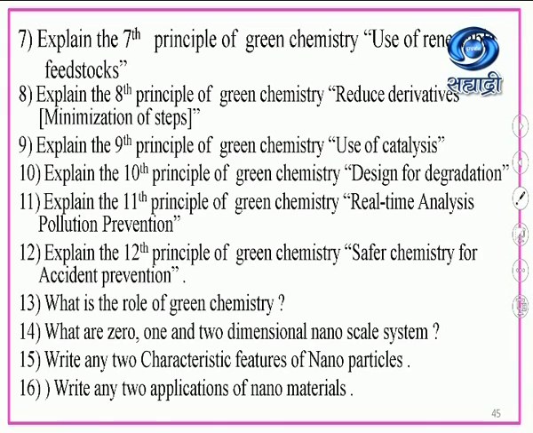Next question, explain the 9th principle of green chemistry, use of catalysis. Number 10, explain the 10th principle of green chemistry, design for degradation. 11th number, explain the 11th principle of green chemistry, real-time analysis for pollution prevention. Question number 12, explain the 12th principle of green chemistry, safer chemistry for accident prevention.